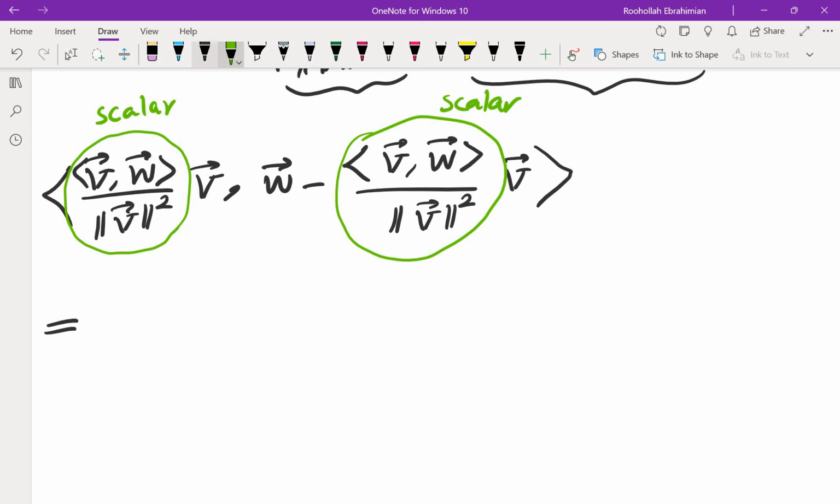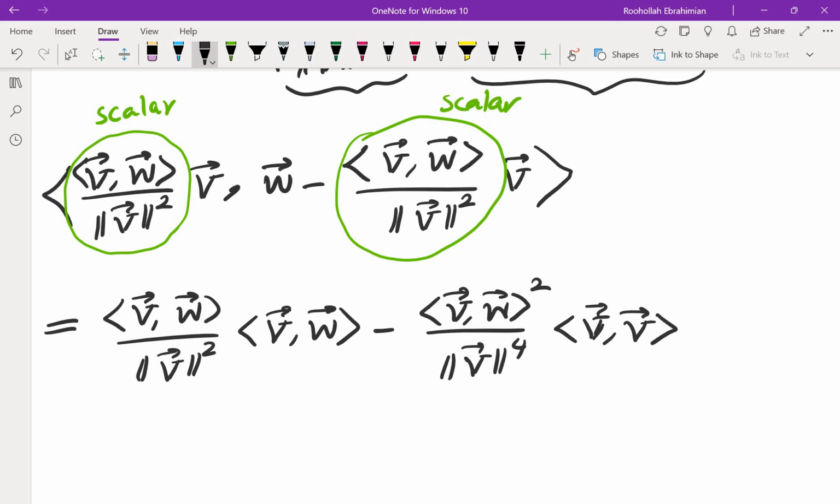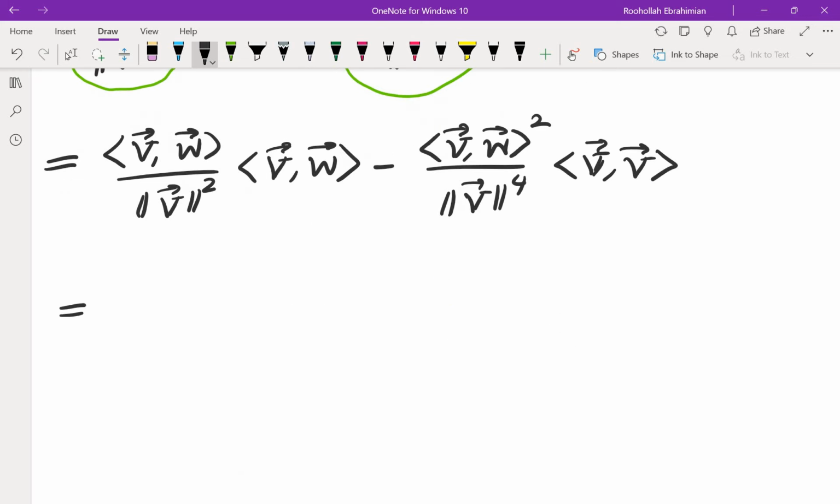So if you take out those scalars, you'll be able to do linearity with respect to the first component and the second component. So this is VW over length of V squared times the inner product of V and W minus, and then those scalars come out, we get VW squared over length of V to the power of 4, because we have length of V squared times length of V squared times V inner product with V. So let's see what that gives us.